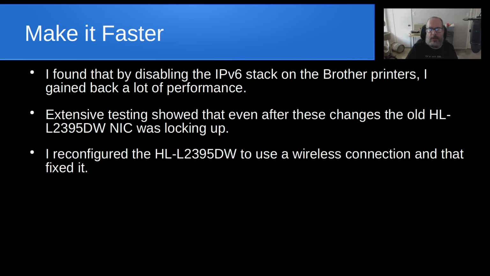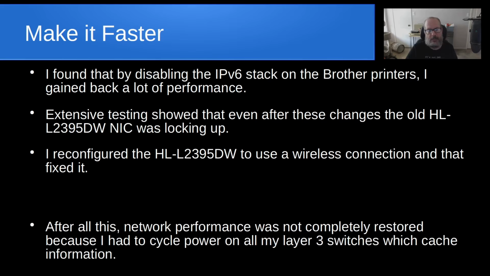So I reconfigured the HL2395DW to use a wireless connection, and ironically, that fixed it. I'm not sure why, but I'm going to say that that printer started to have hardware problems with its NIC, and it's still able to print, so I'm going to hang in there and continue to use it occasionally.